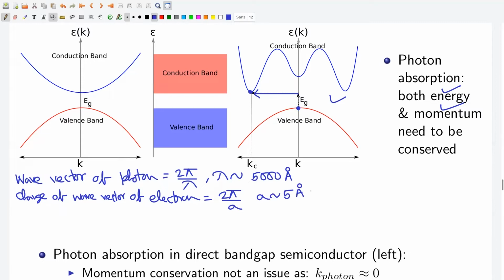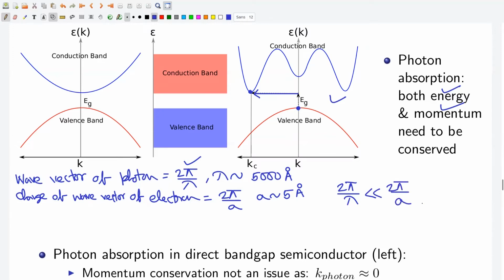Thus, momentum of photon 2 pi by lambda is very small compared to the momentum change of electron getting excited from the valence to the conduction band, that is 2 pi by lambda is much smaller than 2 pi by A.